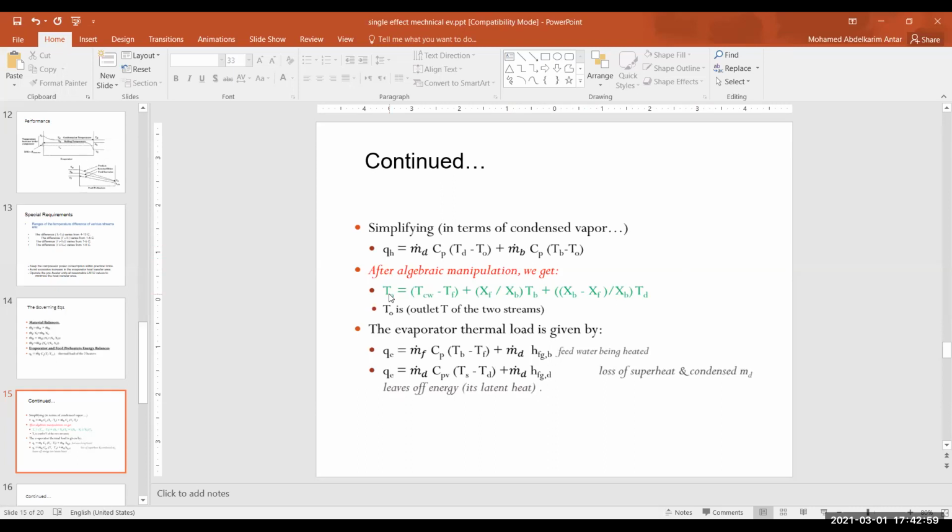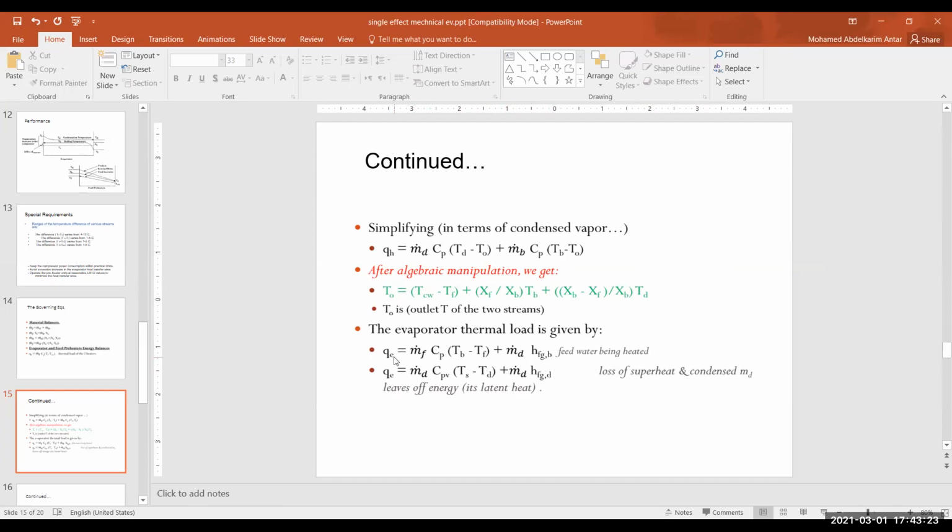This green equation is not needed. This is just for the sake of writing a closed form formula. You bring in T naught all on one side and all the rest on the other side. It's not really that important to write that equation, but I would rather prefer that we go through the analysis in the same way that we are doing it here.